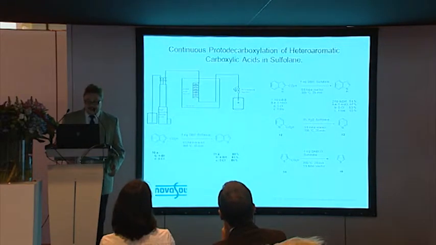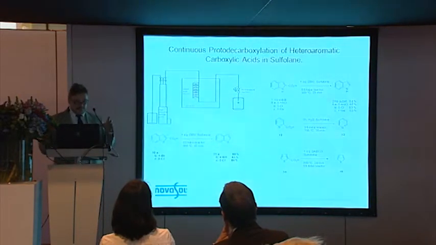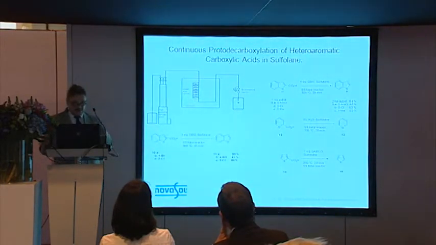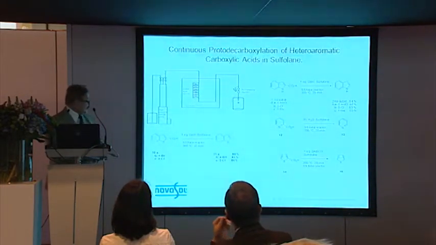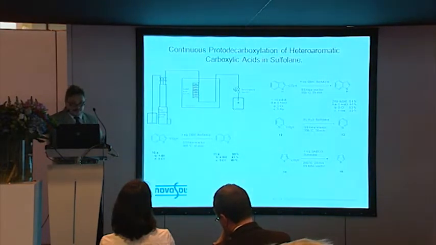At large scale, it's better to use the coiled reactor embedded into, let's say, a pressure filter filled with a liquid, so that you can transfer the heat better. And then we have a back pressure regulator to control the pressure within the reactor.